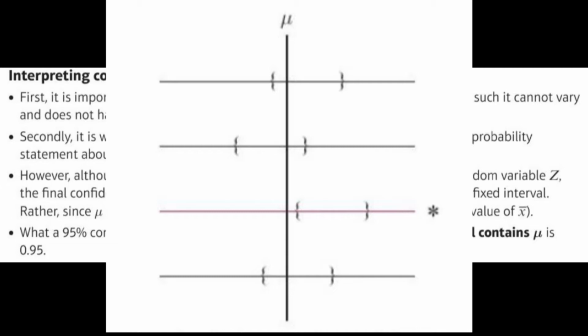Even though we had different samples, all of these do contain the mean. However, there is a chance that the sample we took generates a mean value, an x-bar value, that even when we create an interval around it, that interval does not contain the population parameter mu. So just be aware that that can happen.